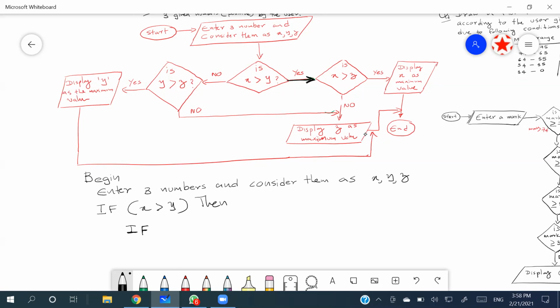One particular thing is correct, and then you have to search for another particular thing, right? So this says if x larger than z, then we have to deal with that very inner if first. When x larger than z, in the yes part it says display x as maximum value.